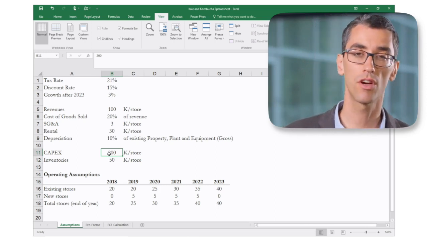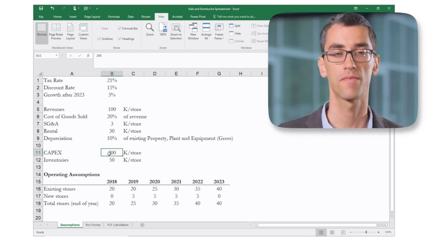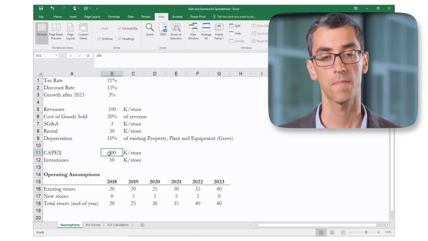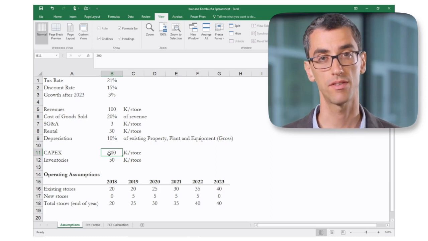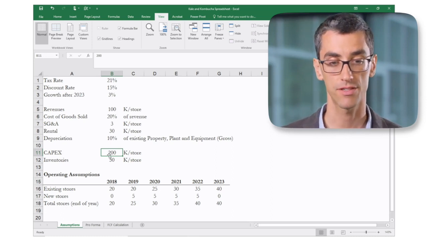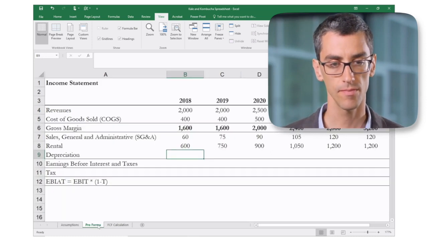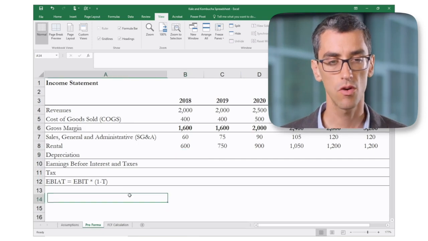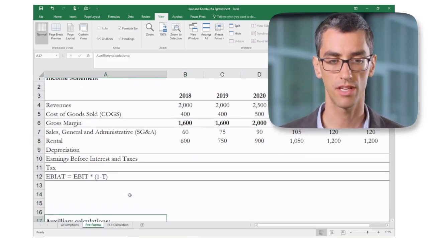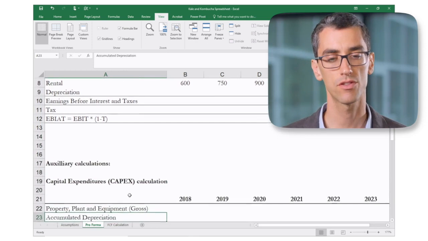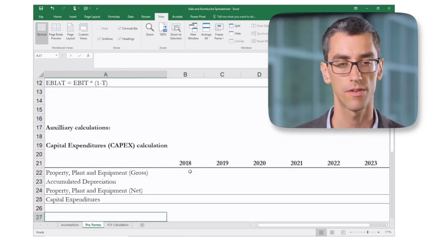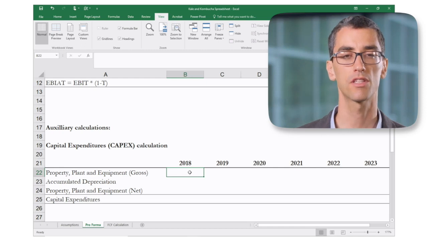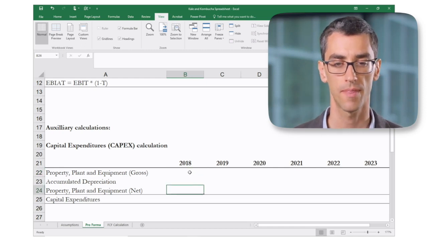Now, in order to determine depreciation, though, we need to first determine how much is the total amount of property, plant, and equipment that our company has. Below the income statement in your spreadsheet, you have a set of auxiliary calculations, and the first one of those is your capital expenditures calculation.